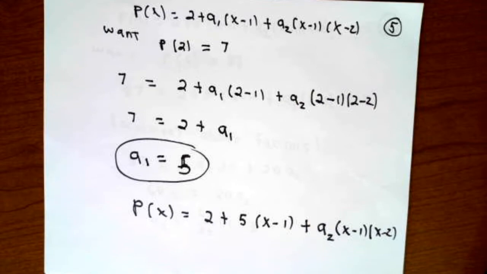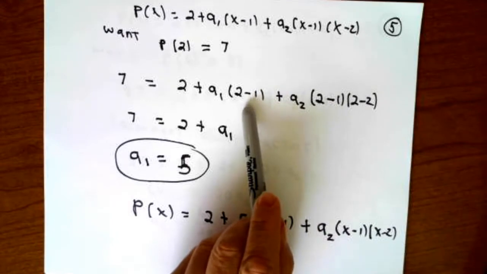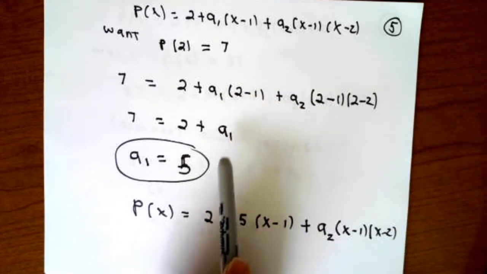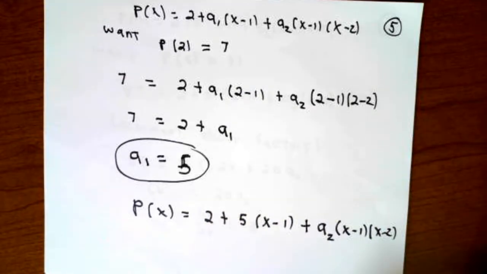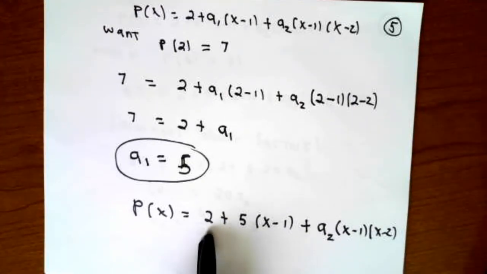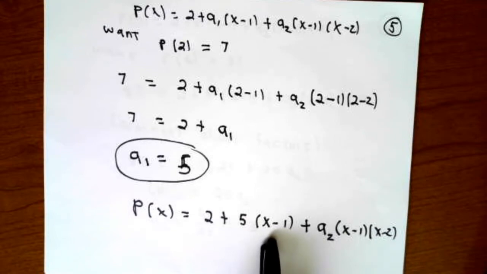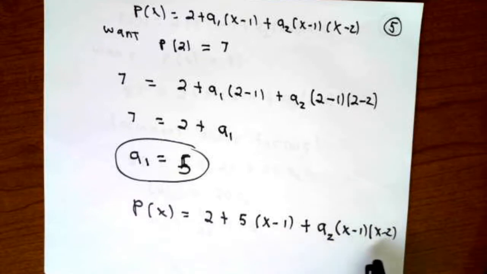The last term is 0 because of the factor 2 minus 2. 2 minus 1 is 1. 1 times a1 is a1. So this tells me that 7 and 2 plus a1 are the same number. Obviously, that means that a1 is 5. We now know not only the constant coefficient, but we know the coefficient of the x minus 1 factor. Notice I didn't say the linear factor because there's going to be a linear contribution from this term.